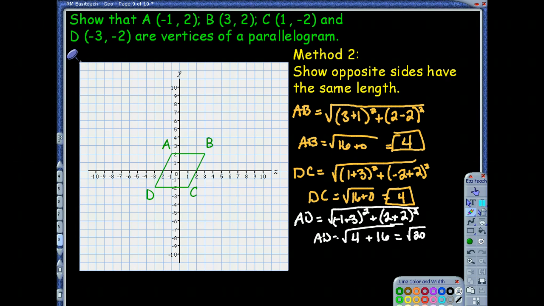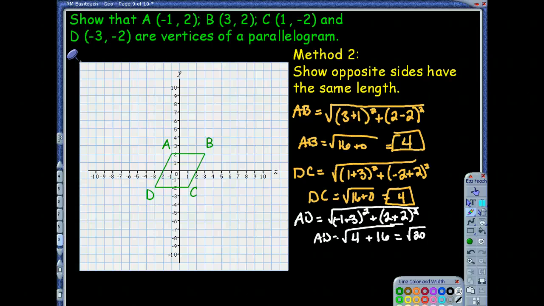Now, do I need to type that in my calculator? Well, we're just showing that the opposite sides have the same length. We don't necessarily have to show what their lengths are. You could simplify that in radical form, but you don't really need to. As long as you can show the other one is radical 20, you're good.